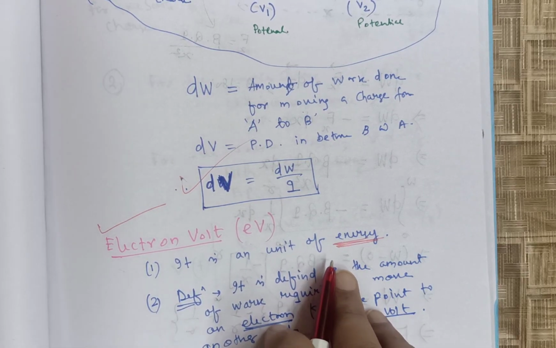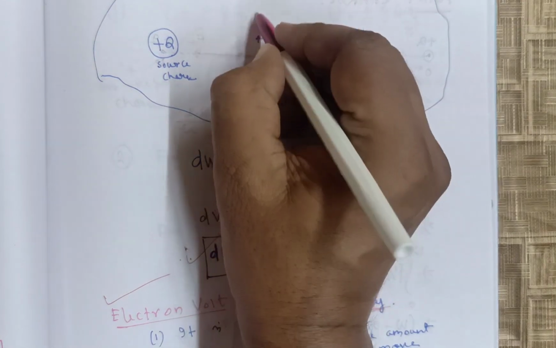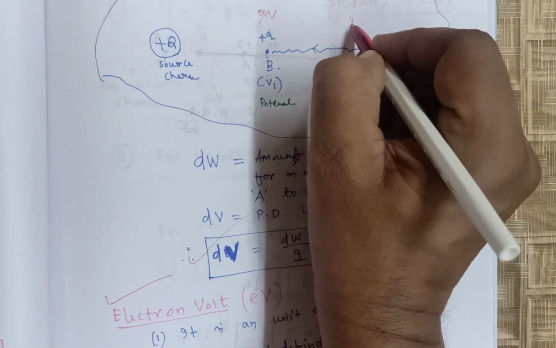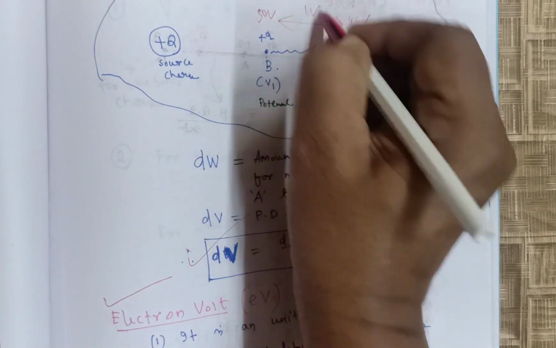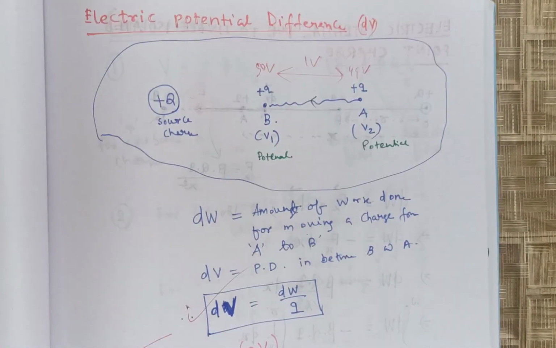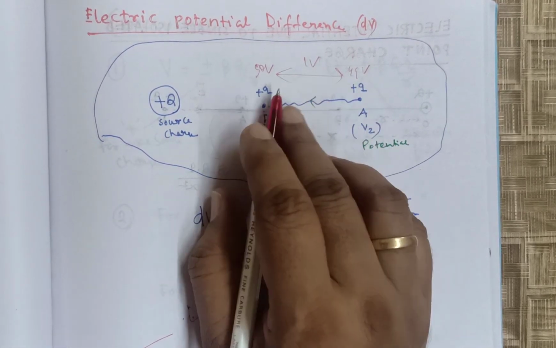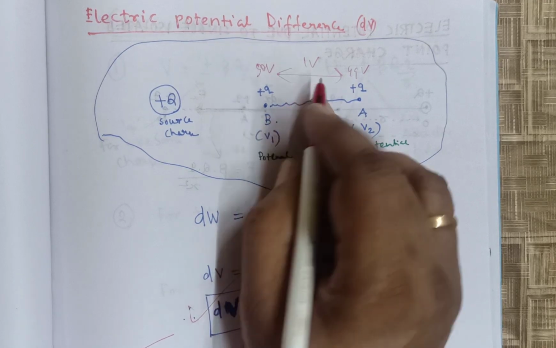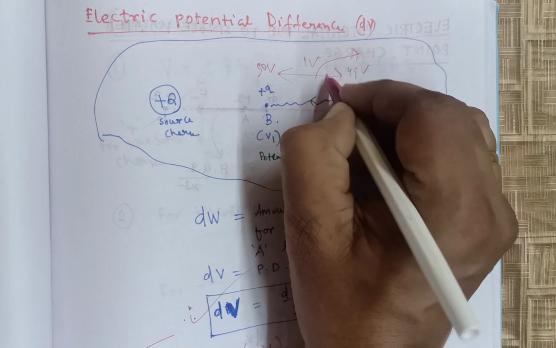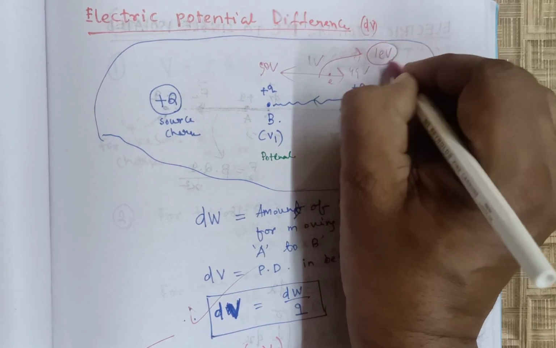How can you define it? See the diagram. If this point is 50 volt and this point is 49 volt, the difference is 1 volt. If an electron moves from this point to this point, or this point to this point, some amount of work will be done. If an electron moves, that amount of work is 1 electron volt.